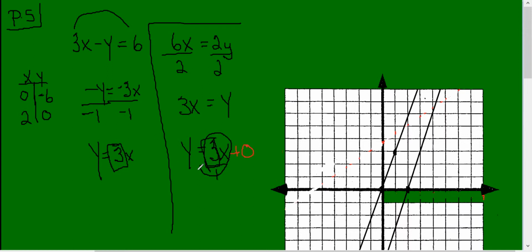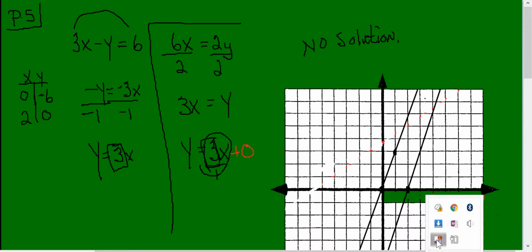So the slopes are the same, so therefore I get parallel lines, which means there is no solution. No solution, because those lines will never cross. And if they were to cross, then I'd have one solution. Okay, doke.